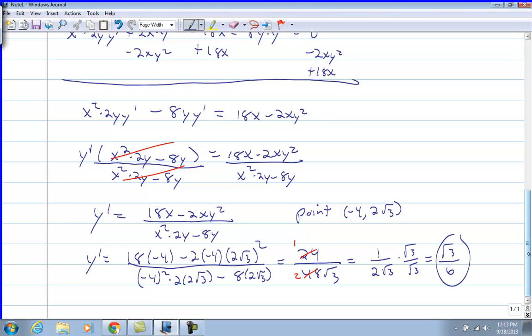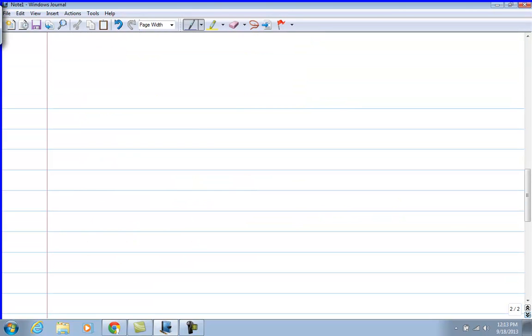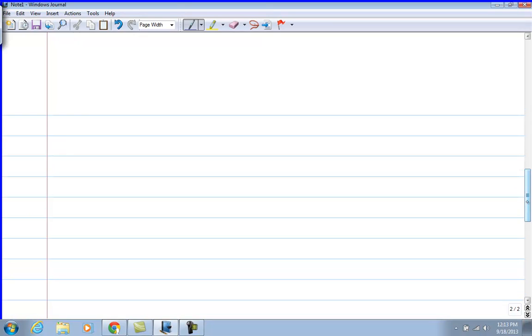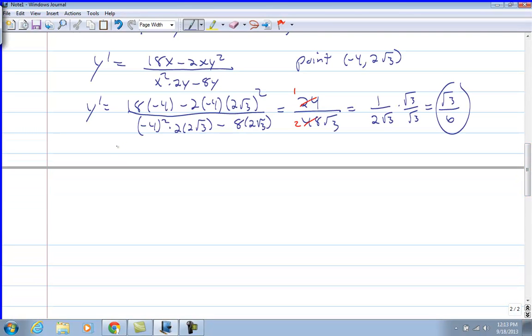So with that, my computer's acting real slow right now. We do y minus 2 root 3 equals square root of 3 over 6 times x minus negative 4.